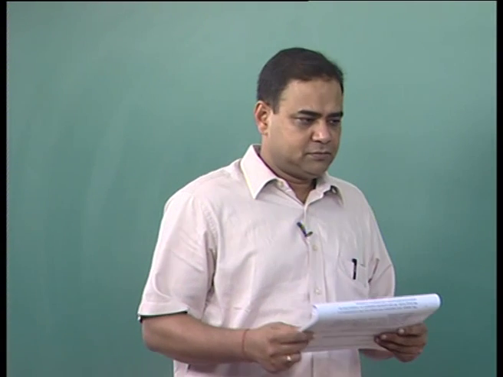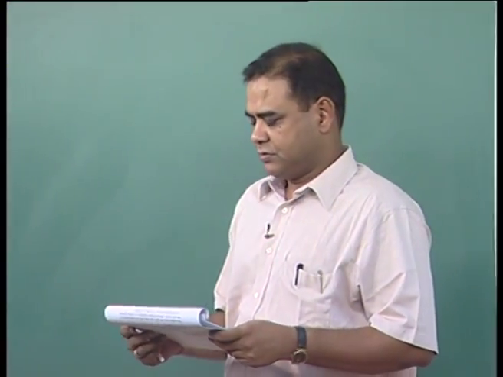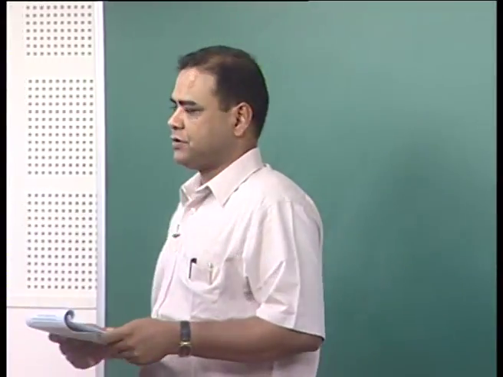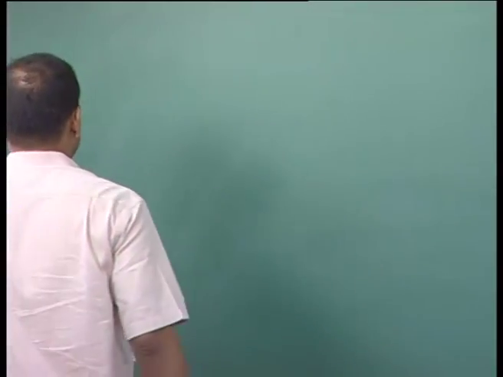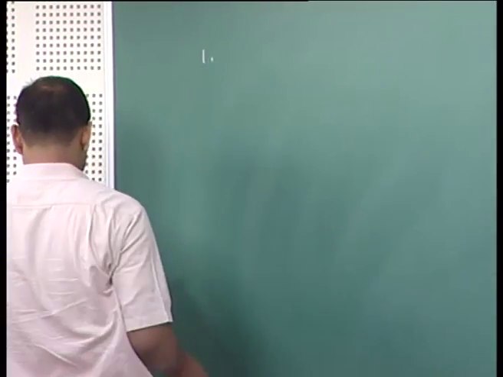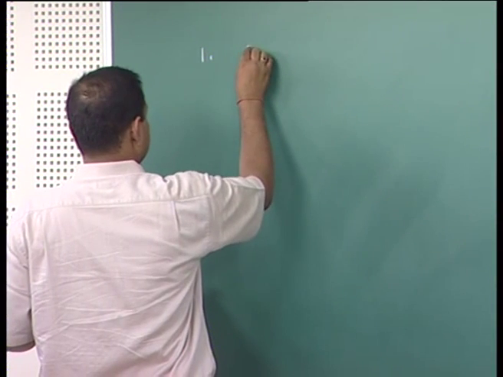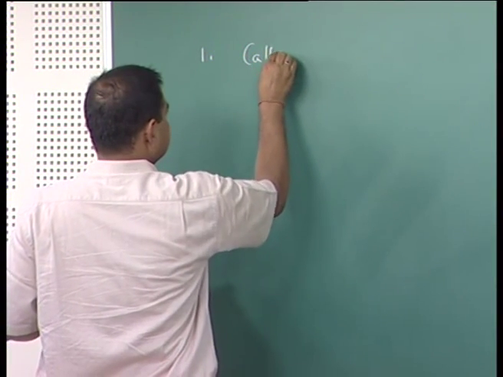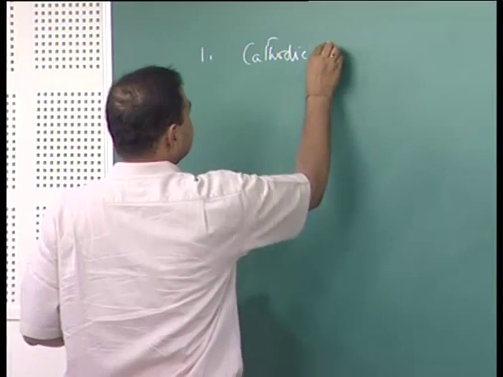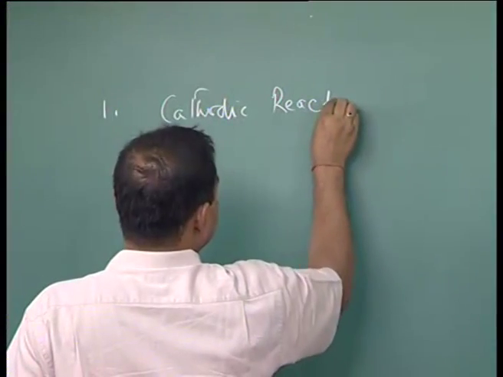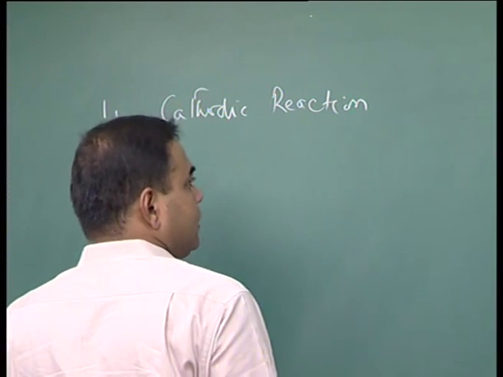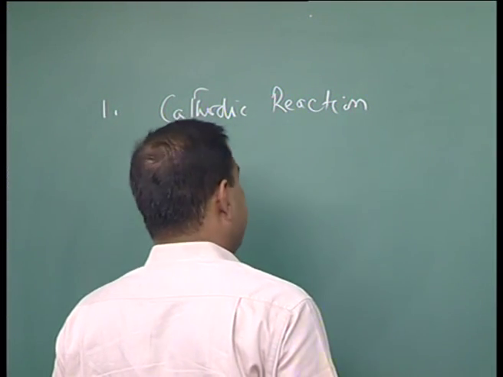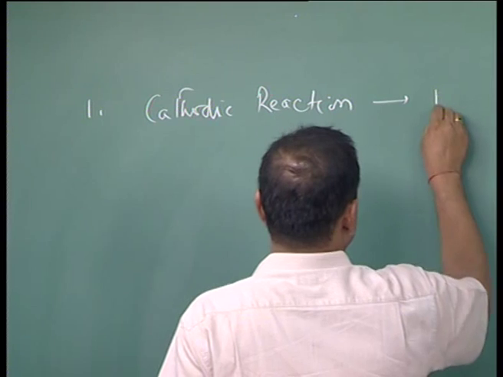In the last lecture, we have come across the important parts of corrosion. First, there must be a cathodic reaction, that means an electron accepting reaction or reduction reaction.